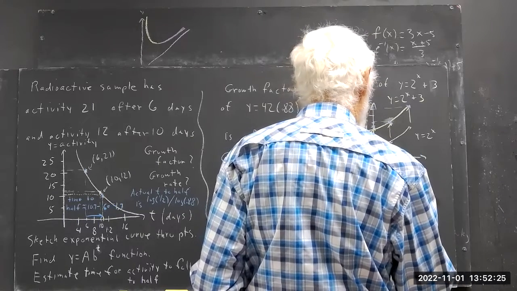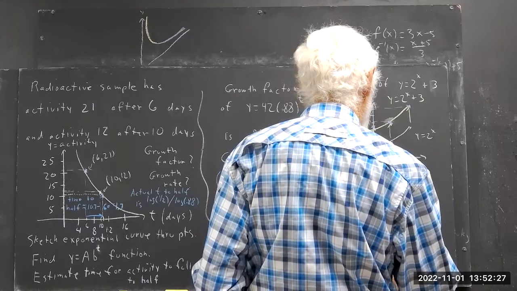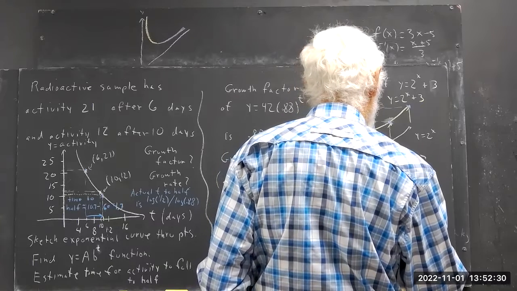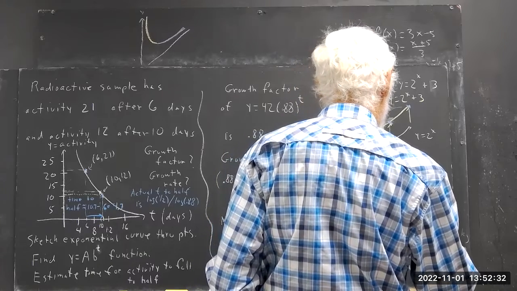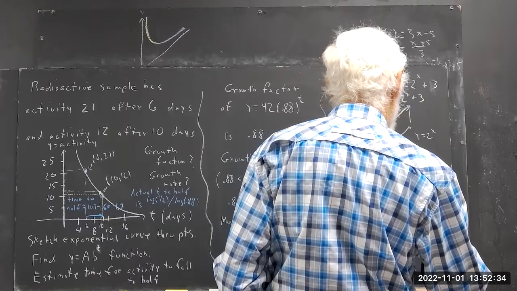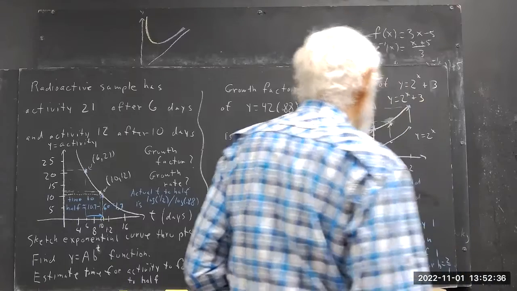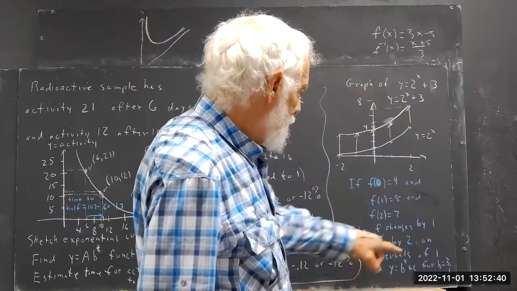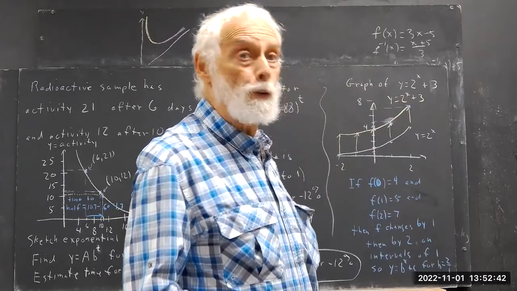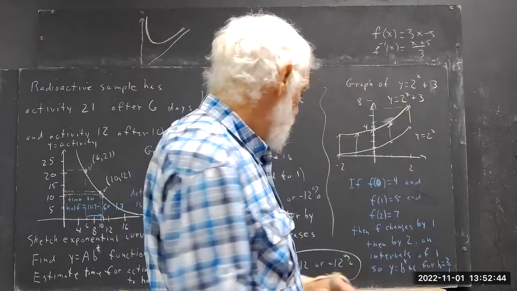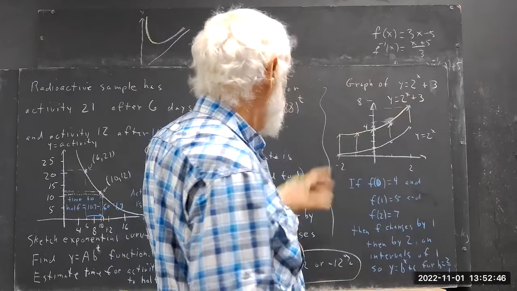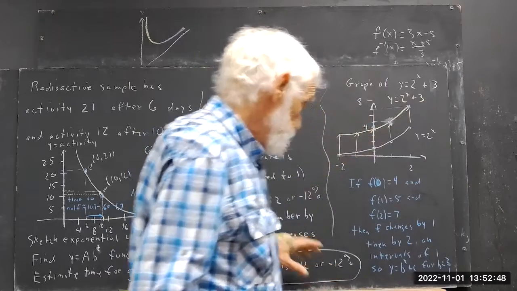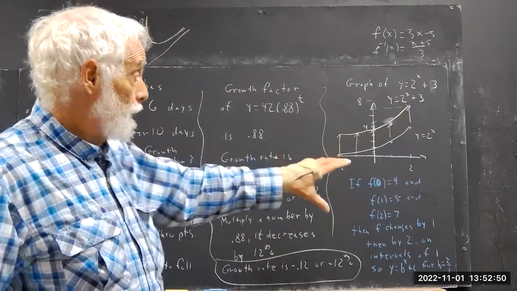So you divide this number by this number, and there's your base. That's what it comes from. So unfortunately, we spent a little more time on this than we do on this.